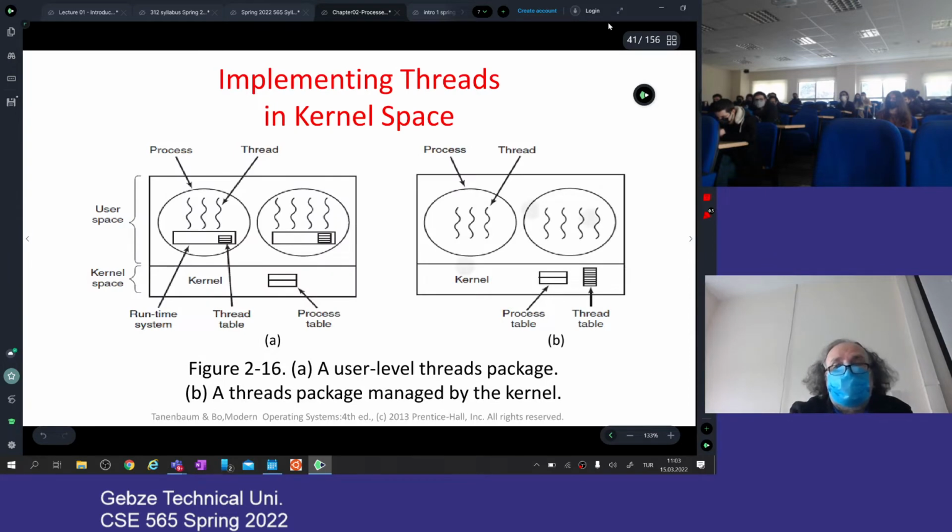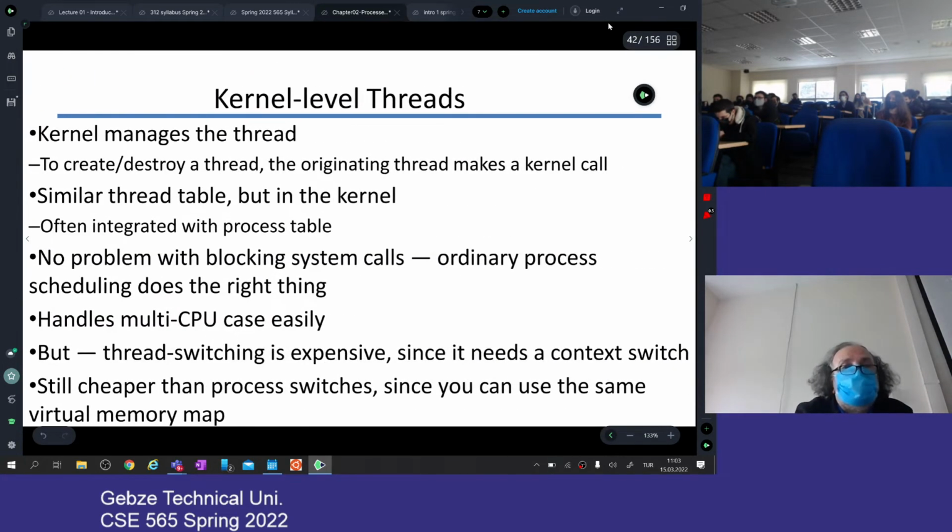So the solution is, let's use this picture, kernel level threads. The kernel manages the threads: to create, destroy, originate the thread, they are all done by the kernel. And similar to the process table, we have a thread table now. It is integrated with the process table, but it's a thread table.